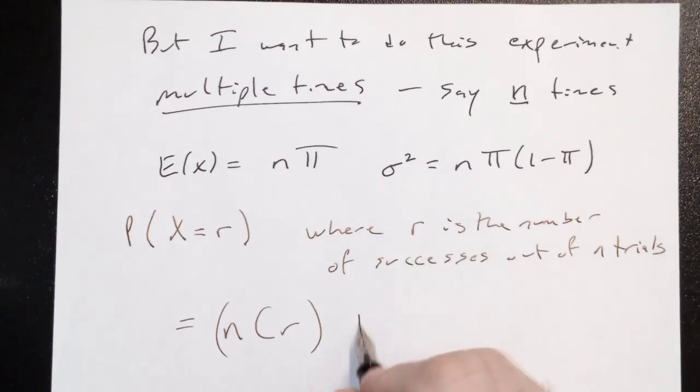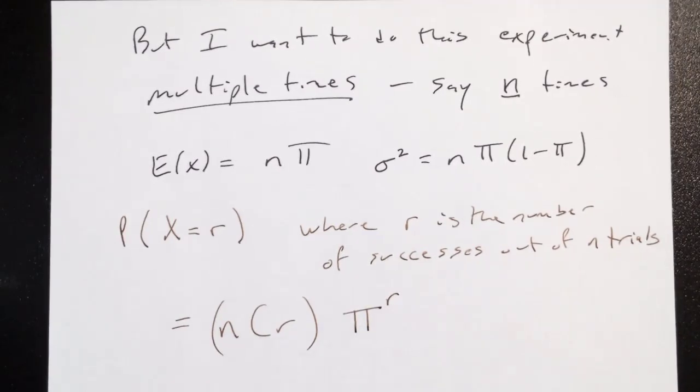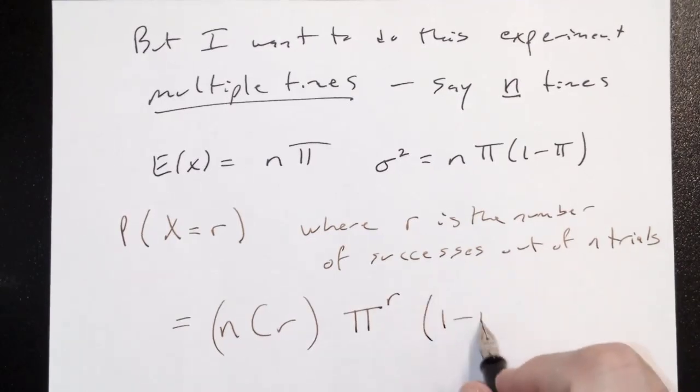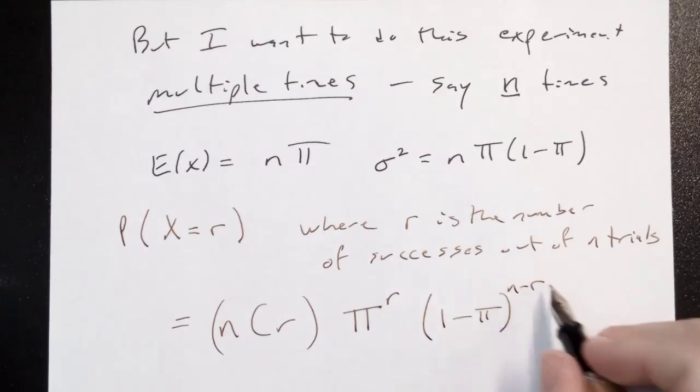Then I take the chance of success and raise it to the power of the number of times we succeeded. And then I take the chance of failure and raise it to the power of the number of times we failed.